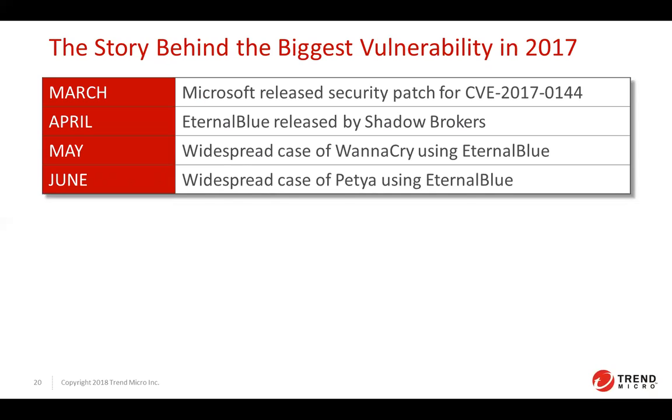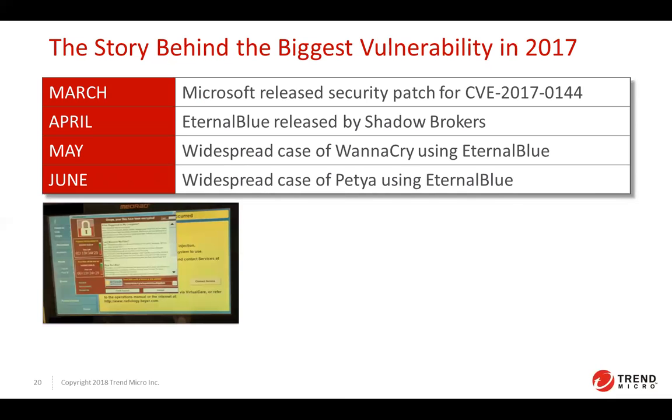And that's the challenge that organizations are going to have. Very quickly, when a vulnerability is disclosed, and the good thing is Microsoft actually released this security patch in March, you can see here, right? And the actors released their exploit in April, and then in May, WannaCry hit, and then in June, Petya hit. So most organizations hopefully should have been protected, but they weren't.